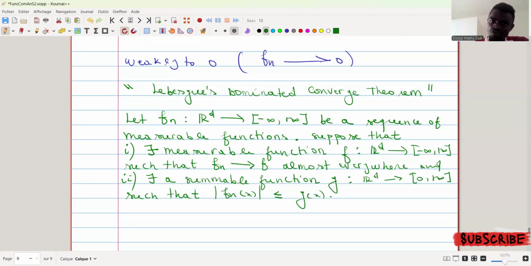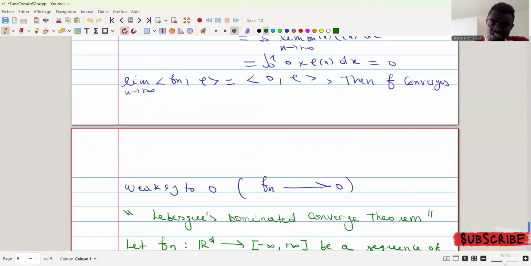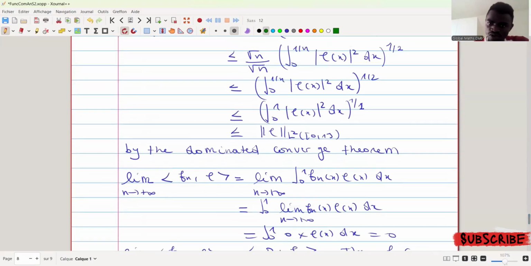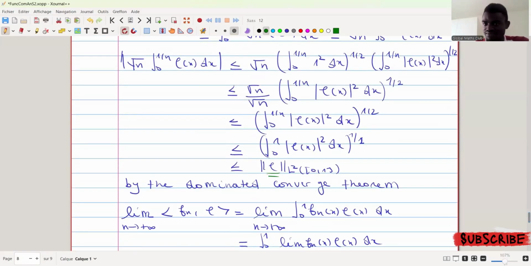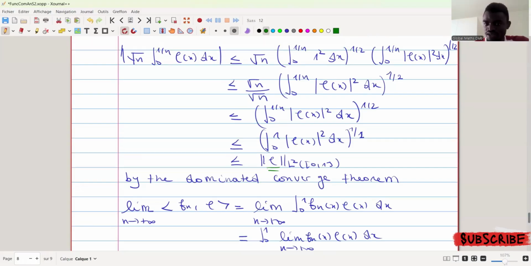In our case, you are going to notice that our g here is this quantity, this integral, so this norm. This is our g, and our sequence of functions is Fn. That is why we can apply the dominated convergence theorem here. So this g is integrable since it is a constant.